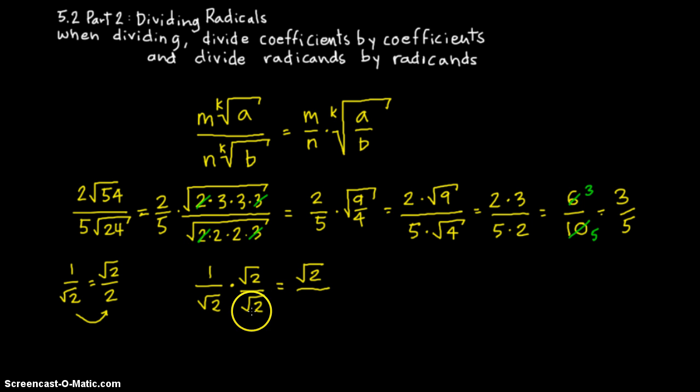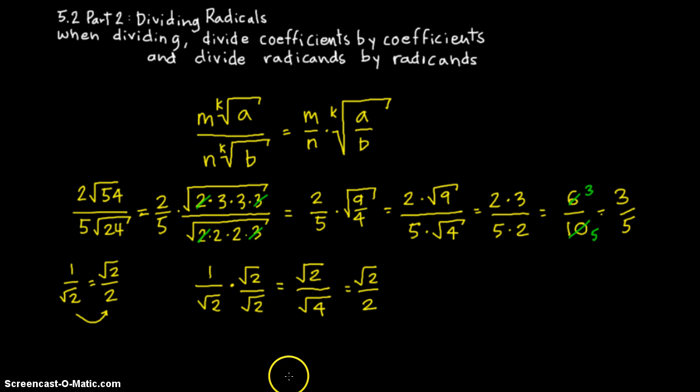But a square root 2 times a square root 2 is the same as saying square root of 2 times 2, 4. Square root 2 over 2. So very useful. Something we want to get used to doing all the time. So what we want to do is, once we have an answer, find a way of rationalizing that denominator.